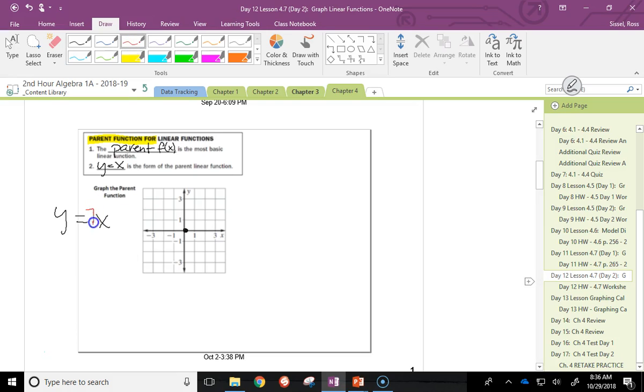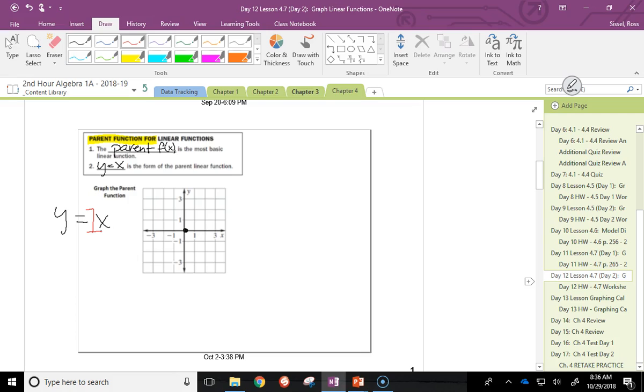There's always that imaginary 1 right there. How'd you know that the y-intercept was 0? Because to find the y-intercept, you have to make the x 0, and in y equals x. Okay, that's a good way.